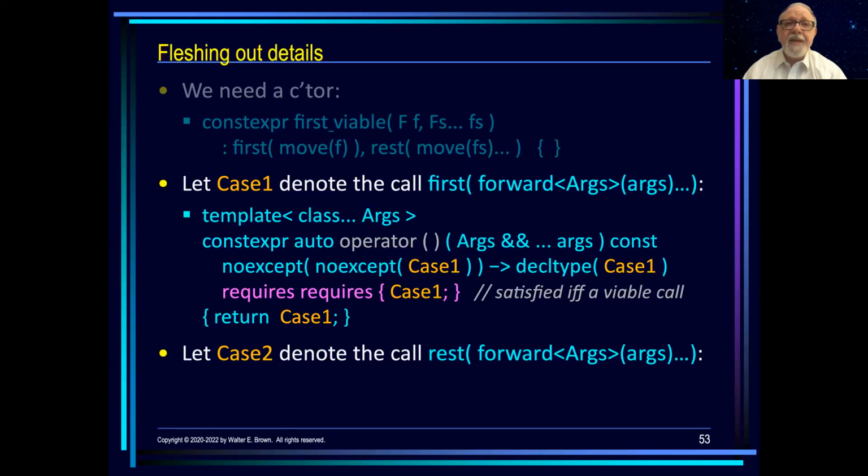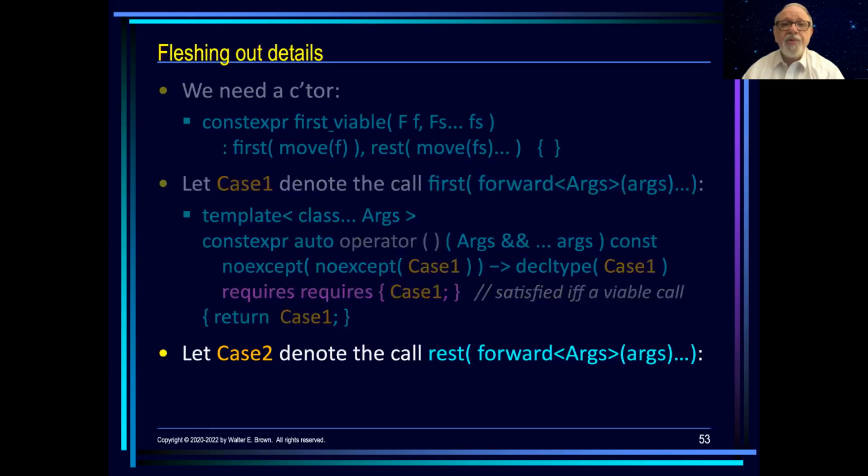And notice the highlighted requires clause. This is satisfied if and only if the call would be viable with the given arguments. So what's case 2?